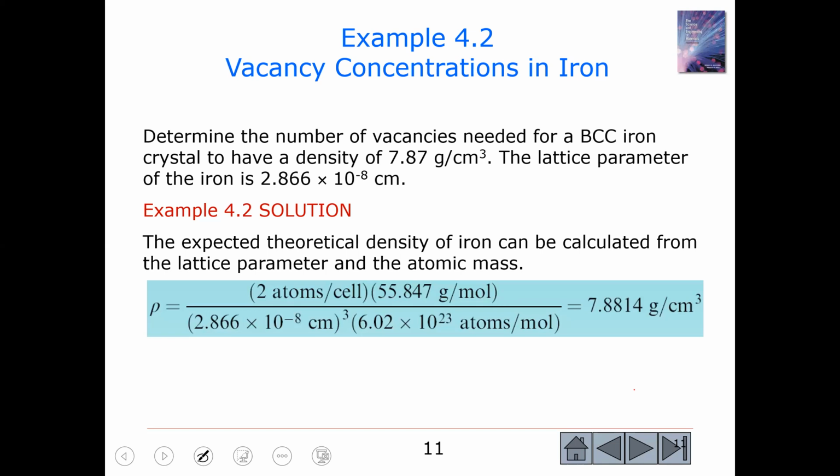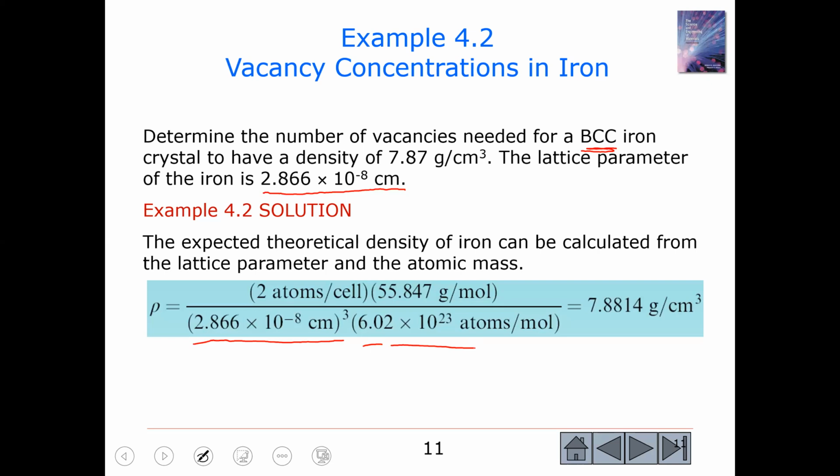Because iron is BCC, there are 2 atoms per unit cell multiplied by 55.847 gram per mole, which is the molecular weight of iron, divided by the cube of the lattice parameter, which gives you the volume of the unit cell. So 2.866 multiplied by 10 raised to the power minus 8, cubed, and the Avogadro number, which is 6.02 multiplied by 10 raised to the power 23 atoms per mole.